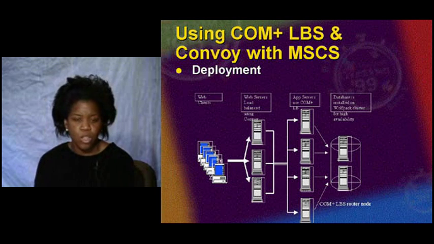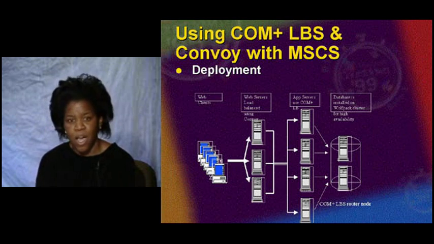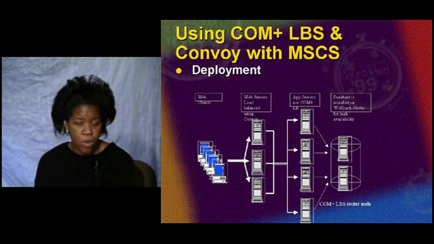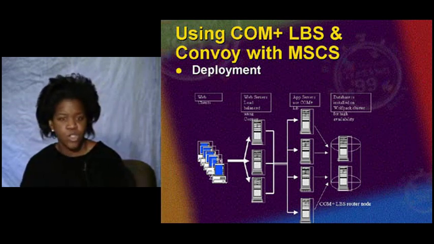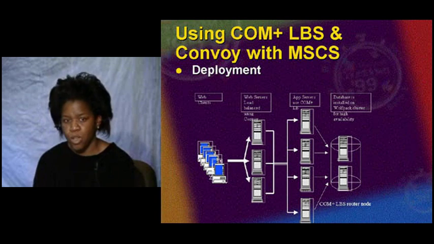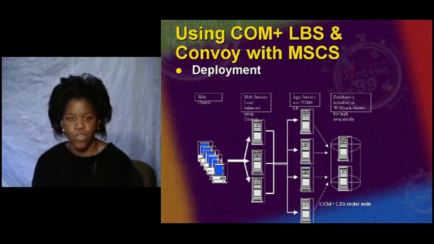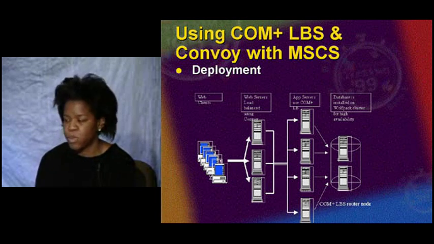And then using the load balancing scenario that Carl talked about, you're able to do co-create instance against your component load balancing router. It will then just delegate or instantiate the components on a different server based on the component load balancing algorithm to what I like to call the least busy server, or the server that can give you the most performance.